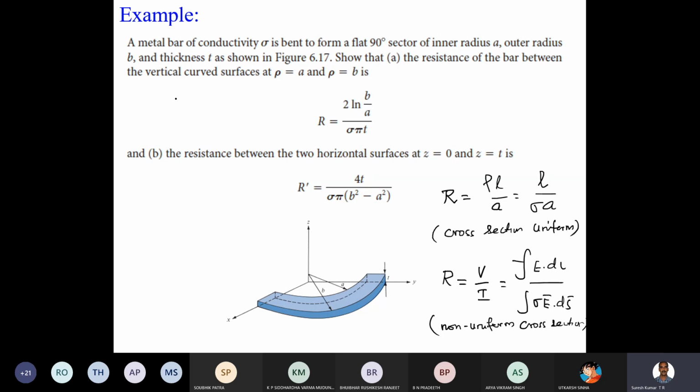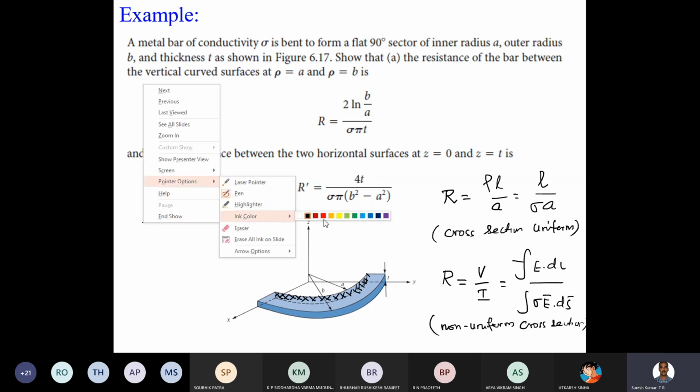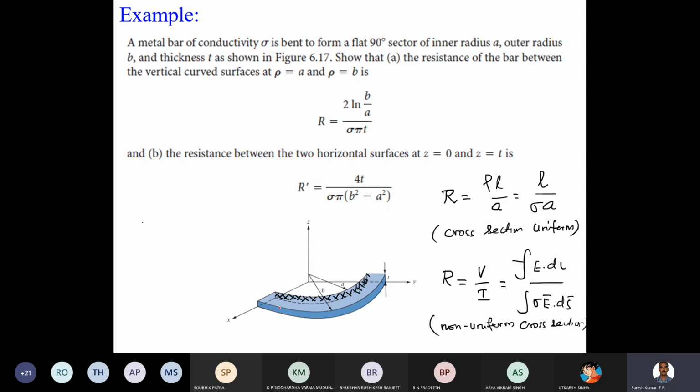Now let us consider two problems in this regard. The first question is, what is the resistance between the two vertical curved surfaces, that is rho equal to A and rho equal to B? This is one curved surface, I'm shading with the black color, and this is the other surface.